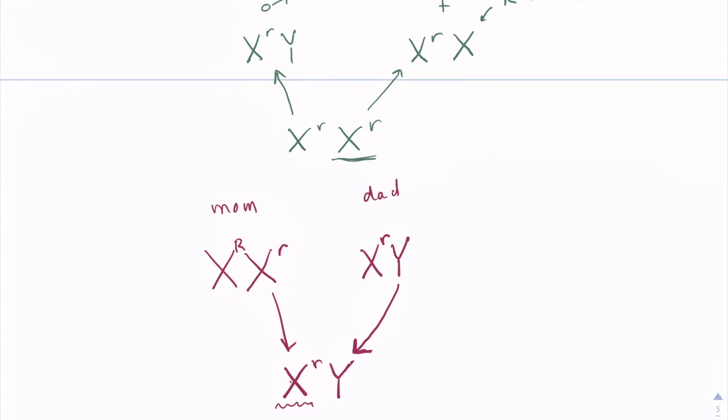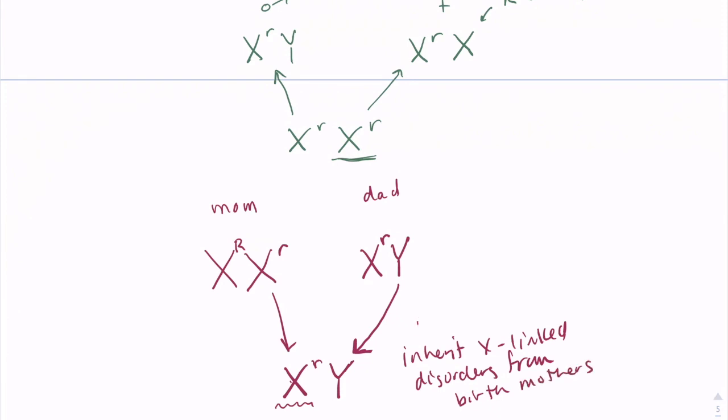Males inherit X-linked disorders from their birth mothers. And that's because males can only pass on X-linked disorders to daughters.